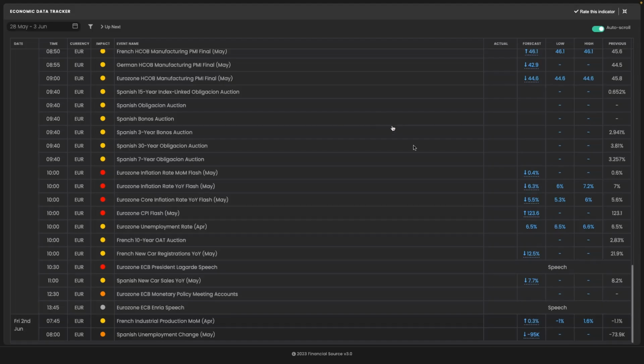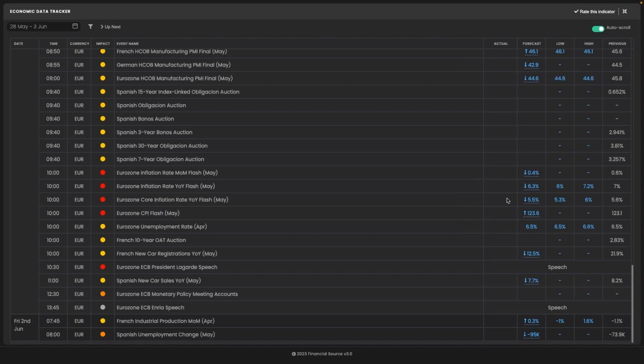So looking at what's expected, 5.3% will be below market's minimum expectations. If this comes in below 5.3 and the headline comes in below 6, then what markets will think is, great, the inflation battle is being won, and you'd expect to find euro weakness. So expect euro weakness out of a big print.